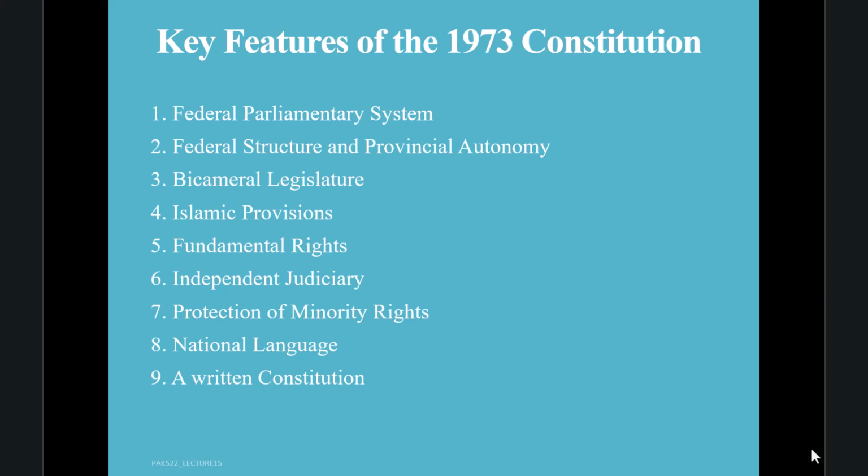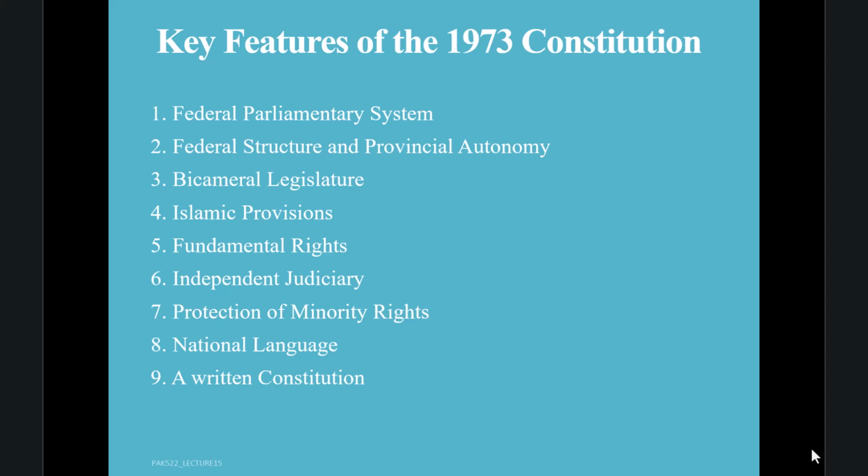The Council of Islamic Ideology was created to advise Parliament on whether laws conform to Islamic principles. The Federal Shariat Court, established under Article 203, has the authority to examine whether laws are consistent with the Islamic injunctions. These provisions aim to ensure that the legal system of Pakistan reflects Islamic principles while maintaining democratic governance.